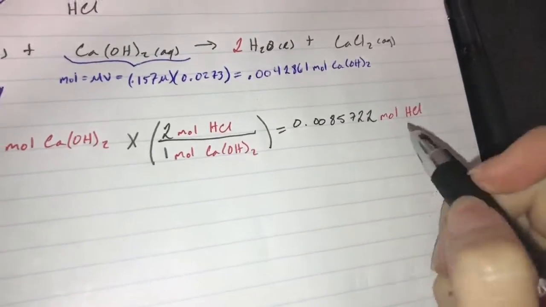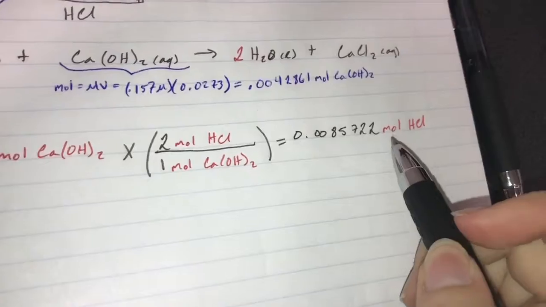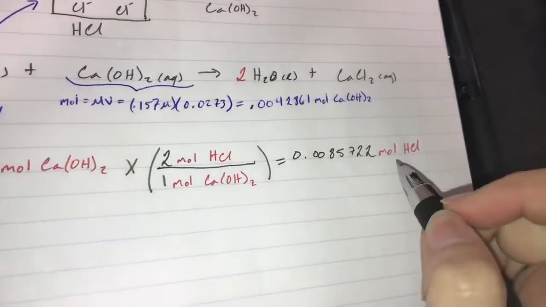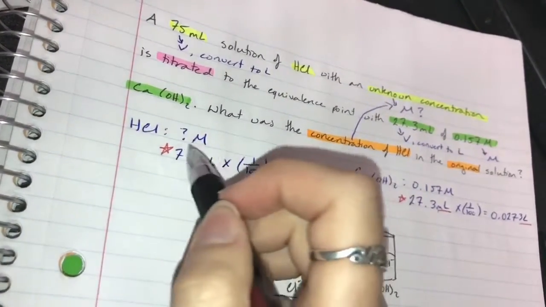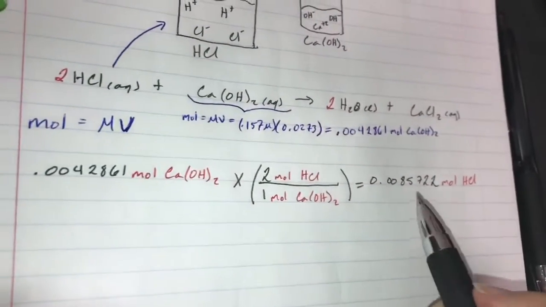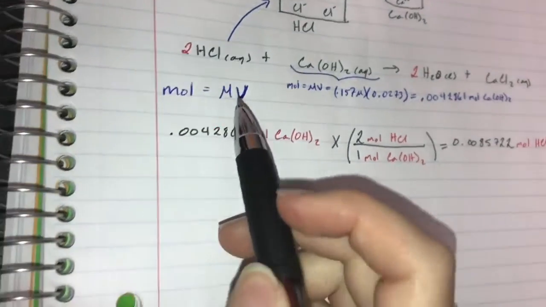And at a part like this is where it is really important to make sure that you labeled everything all the way through, because you did this big reaction here, and you might think that you're done, but you're still in moles. You aren't at molarity yet. And molarity is our main objective. So how do we get the moles to molarity? We go back to our original equation here.